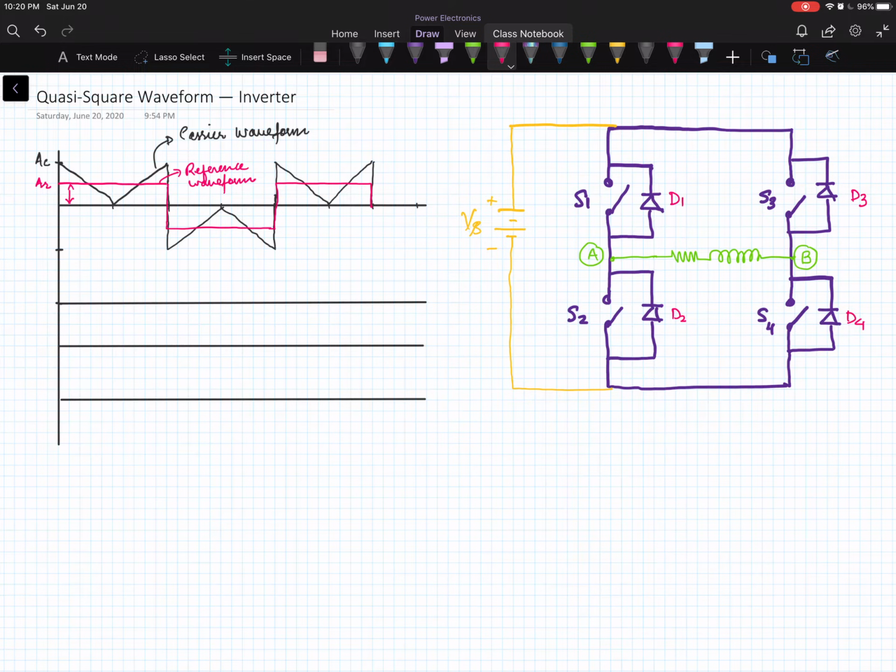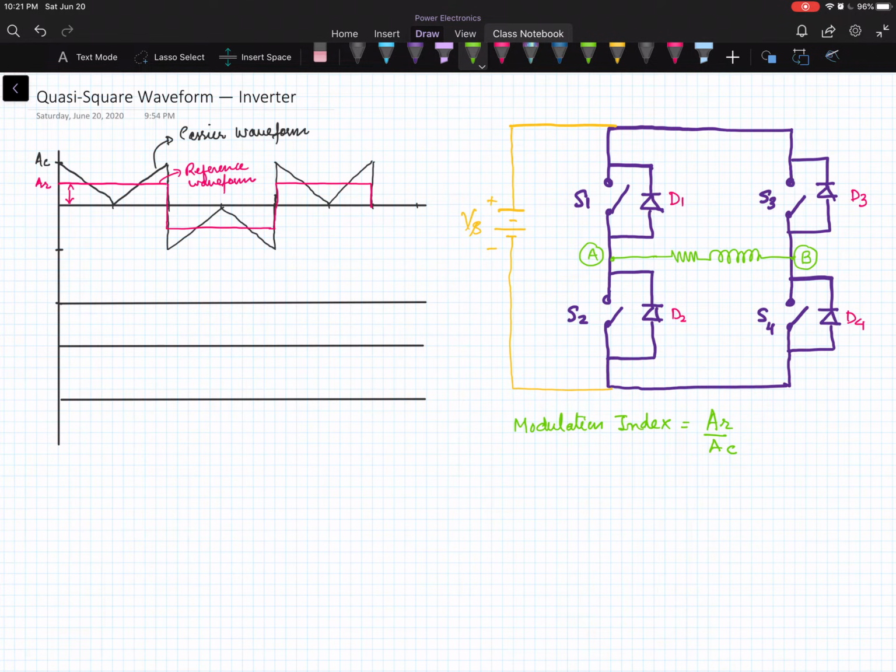So we define a term modulation index, which is the ratio of these two waveforms' magnitude. AR by AC, the magnitude of the reference divided by the magnitude of the carrier, gives us the modulation index.